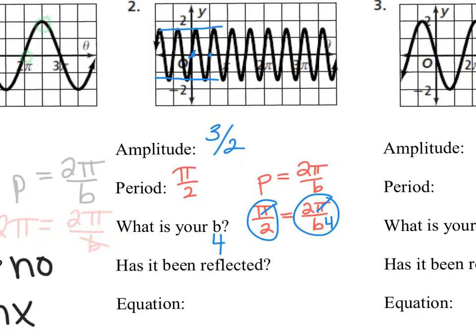And then has it been reflected? So we're going 0, max, 0, min, 0. It's going up. So this has not been reflected. So no, that makes it so the a value is going to be positive. So this is positive 3/2 sine, and then my b value is 4, so it's 4x.